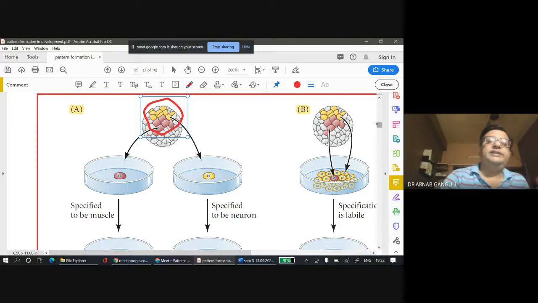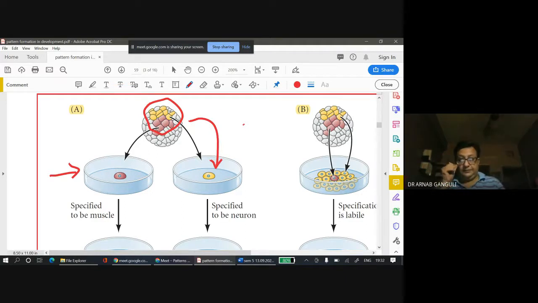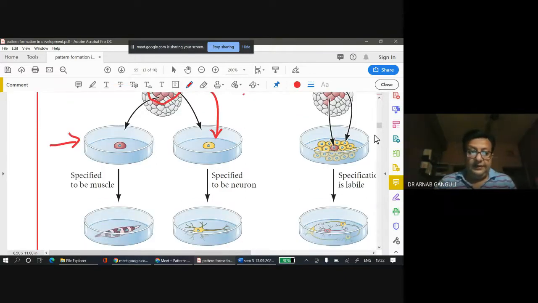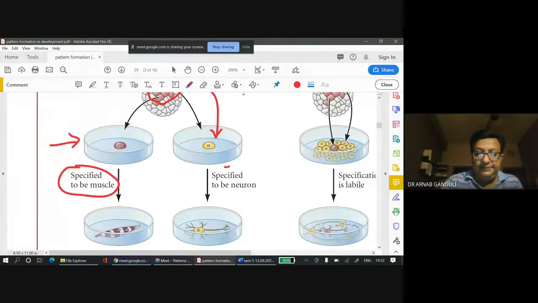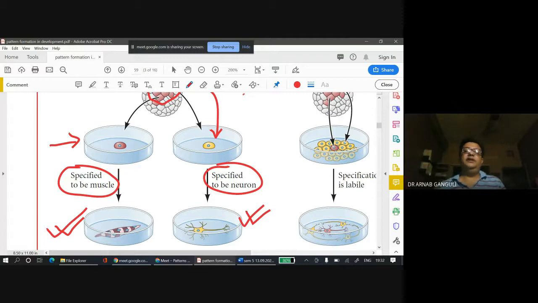So the cell is isolated and put in a petri dish here, and the other cell is isolated and put over here. This cell is already specified to be a muscle, and this cell is specified to a neuron. So in a petri dish, provided you give it food and all stuff like that, this is going to be differentiated into a muscle cell here, and this into a nerve cell over here.